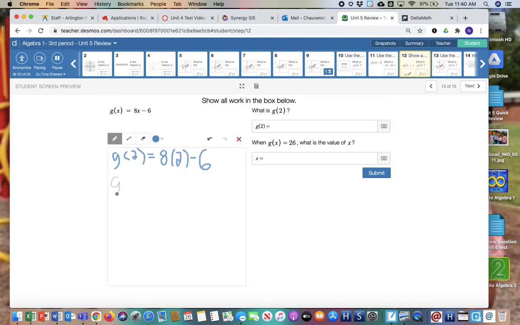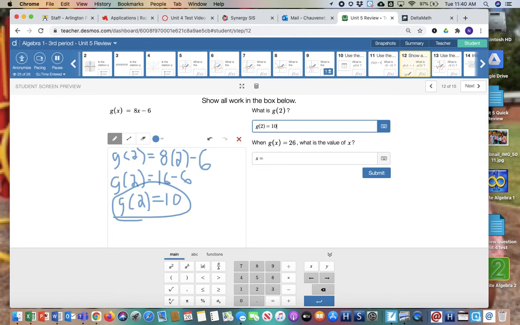Well, 8 times 2 is 16, minus 6, 16 minus 6 is 10. So g of 2 equals 10.